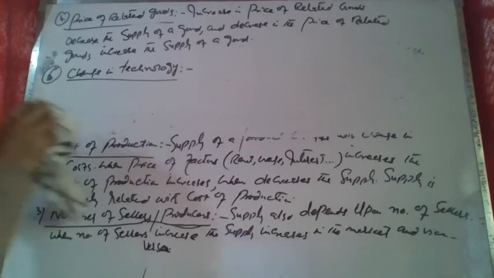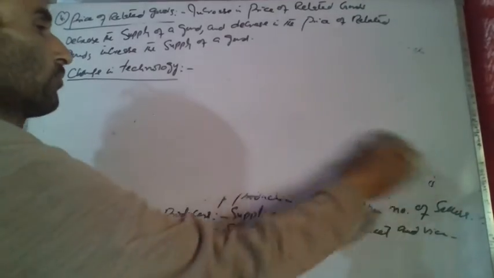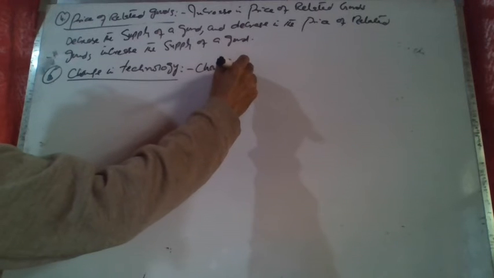So when the cost of production is reduced, the profits increase and producers will supply more and more. So if a technology decreases the cost of production, the supply will increase.